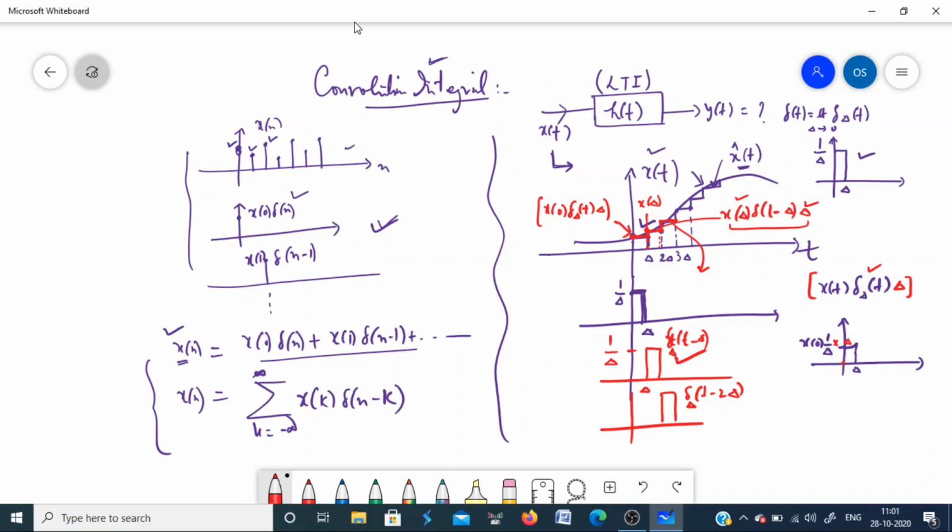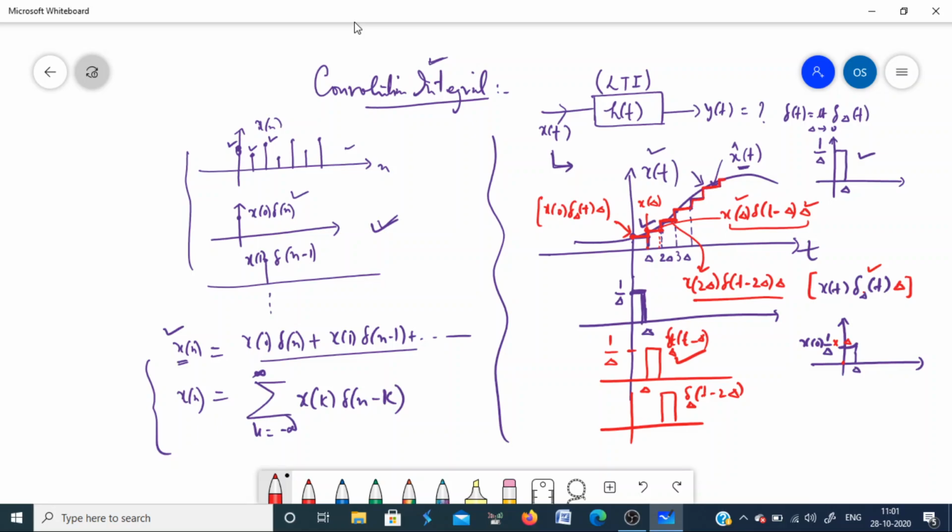So the third pulse I can write as x of 2 del into delta t minus 2 del into del. Similarly, the next pulse will be x of 3 del into delta t minus 3 del into del, and so on. When you add all this together, you will get this function, which is a staircase approximation.